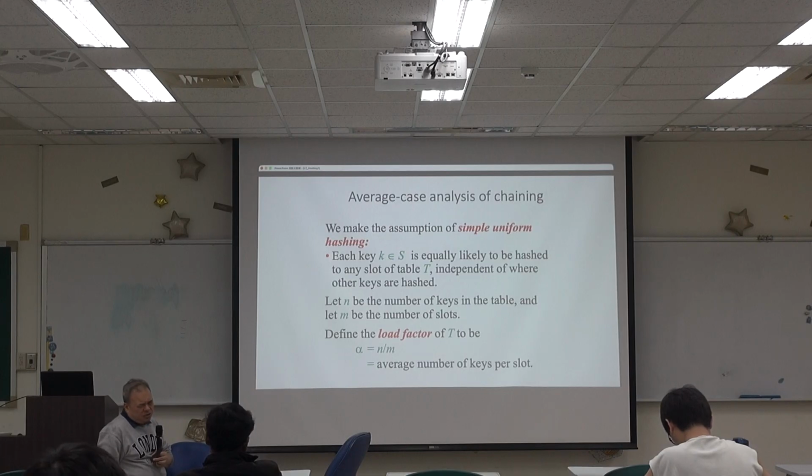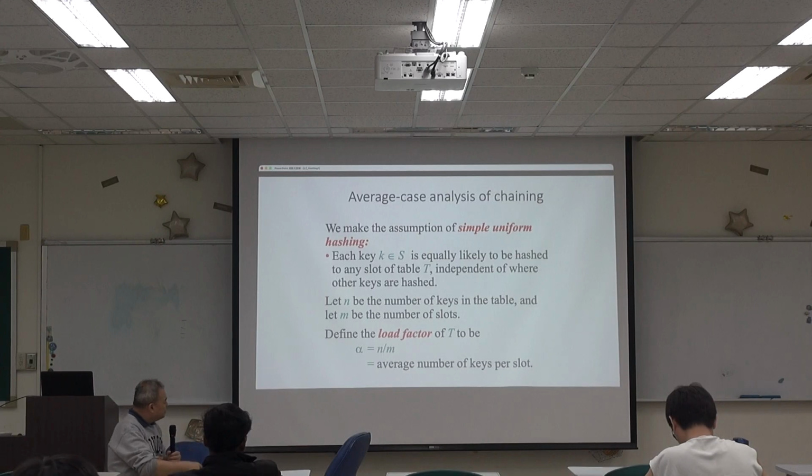So each slot in the table is used for only one record. If that's the case, obviously the table size has to be bigger than the number of records. So m is bigger than n first.